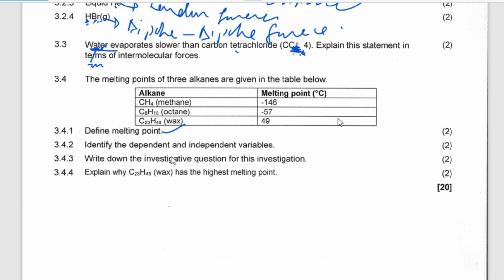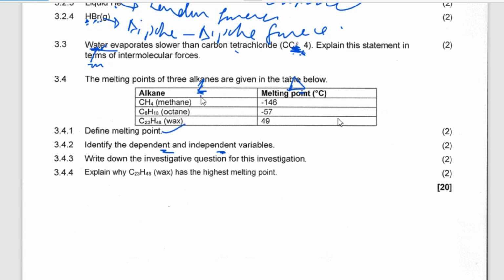Then they're asking to identify the independent variable and dependent variable. Dependent variable is the melting point, meaning basically the temperature at which this substance is going to melt.